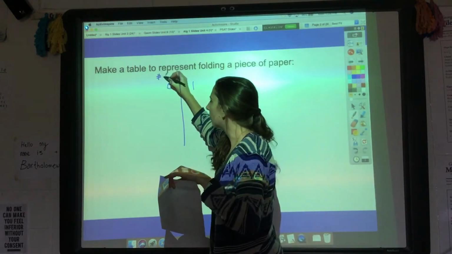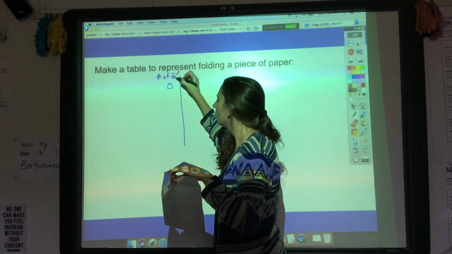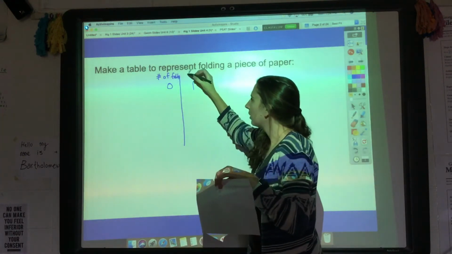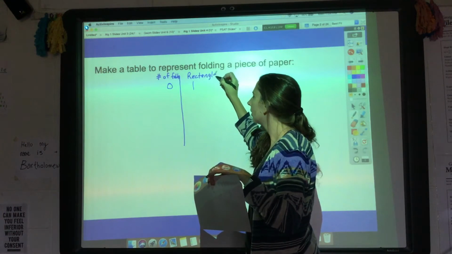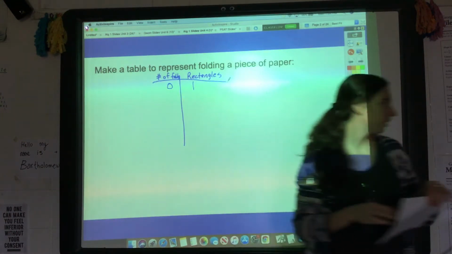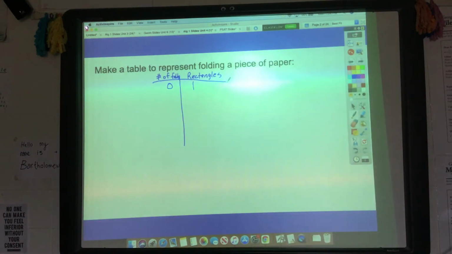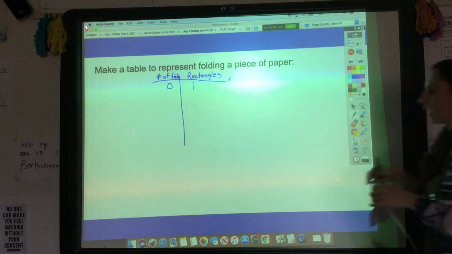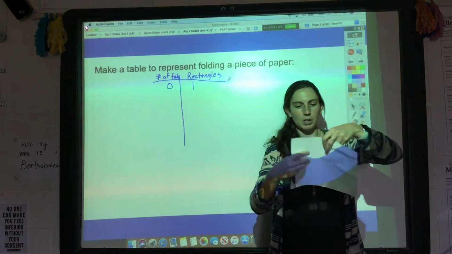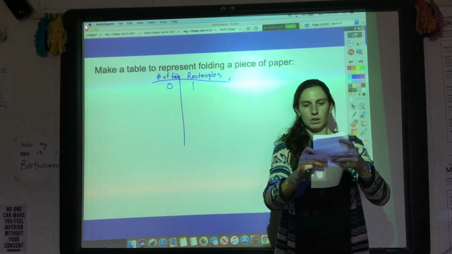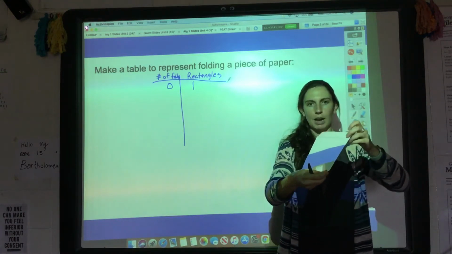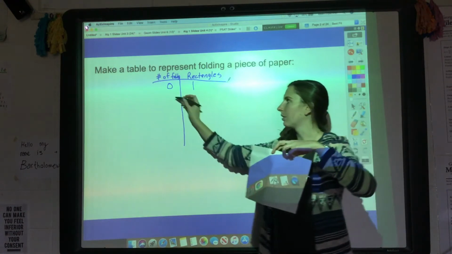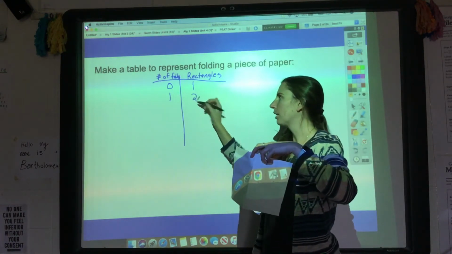So this is the number of folds, and this is the amount of rectangles that I have. Okay, so if I were to fold the paper 1 time, fold in half, I now have 2 rectangles. You can see that.